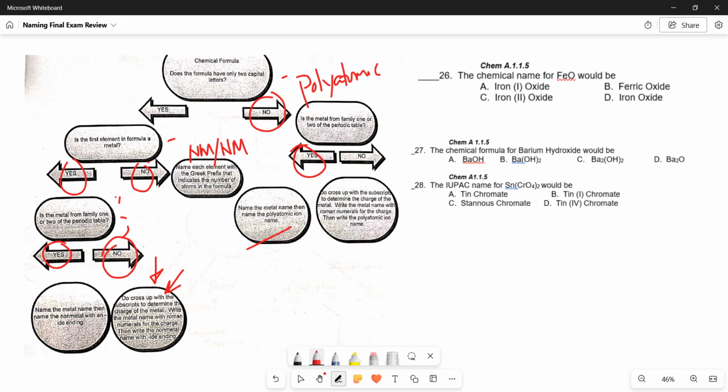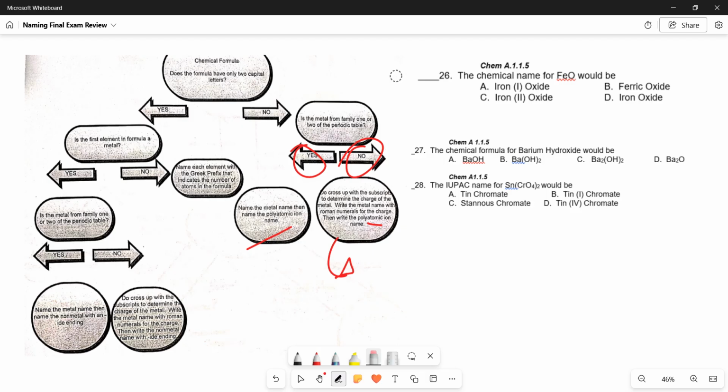If it is not from family 1 or 2, the alkali and alkaline earth metals, we now have to do cross-up again because we're dealing with a metal that could have multiple oxidation states. I do have examples here, and then, of course, you have to name your polyatomic ion. So I hope that that flowchart might help you. I'll erase this so you can stop and take a screenshot of it if you want to.